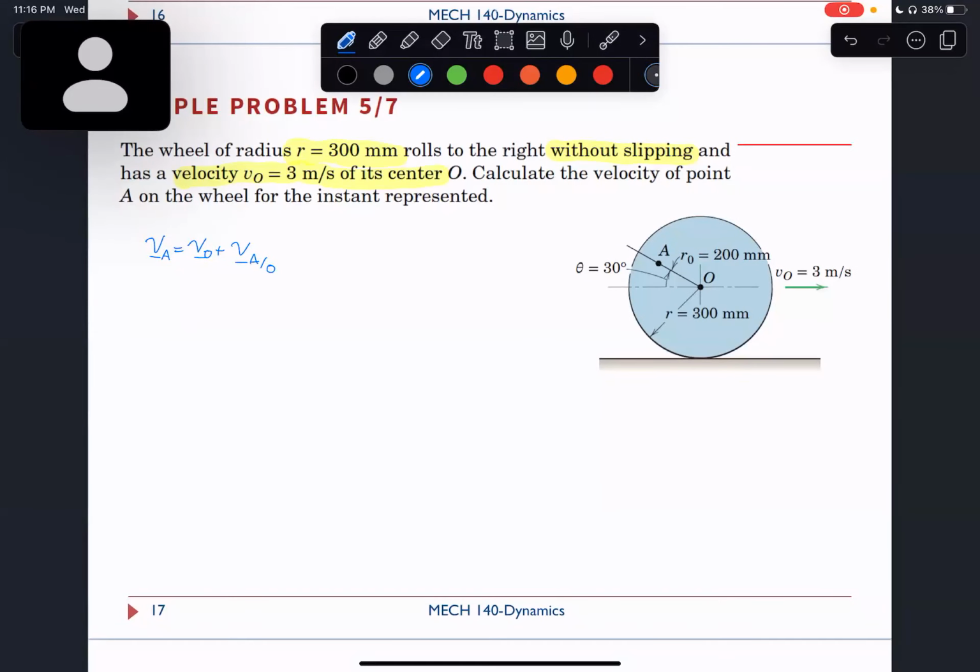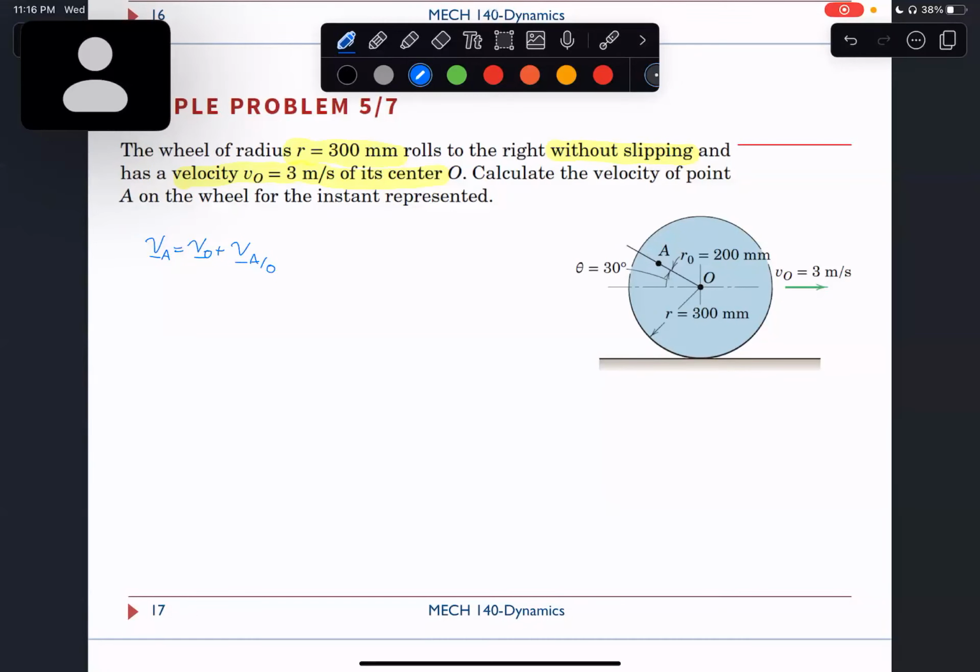Now the angular velocity of AO, this line, we know that's the same as the angular velocity of the whole wheel, right? We talked about that in rigid body: omega of any line is the same, for any two lines.